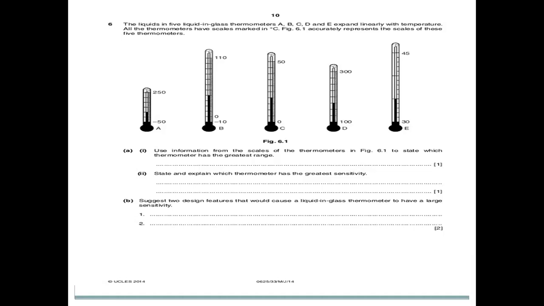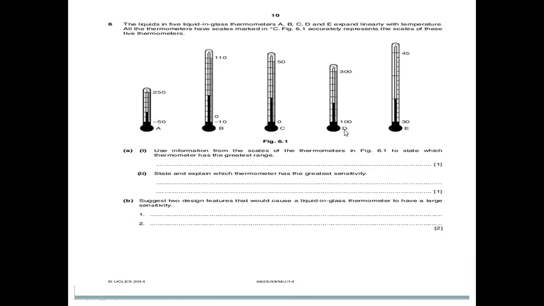Now, to measure the range, we said we have to subtract the lowest measuring point from the highest measuring point. For example, 45 minus 30 is equal to 15. So the range for E is 15 Celsius. D, the range is 300 minus 100, it is 200.